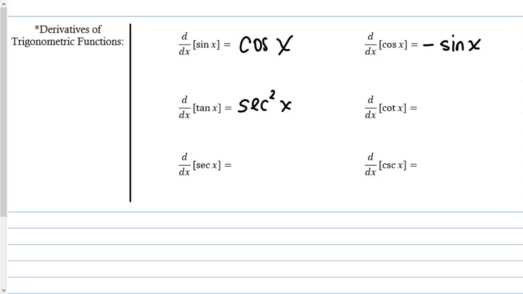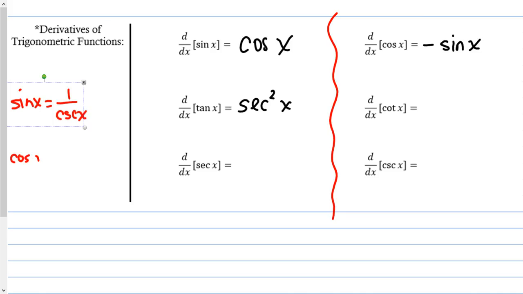And then, I wrote these out in a certain way. If you recall the reciprocal identities, for example, sine is the same as 1 over cosecant.